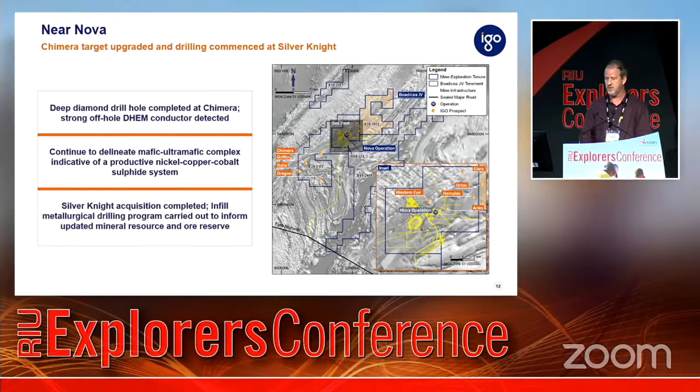Just focusing around Nova, I refer to this as our mega brownfields project. Obviously with the high valued asset of Nova, feeding anything into that is a main priority. And again, we're focusing on any intrusions around the area.